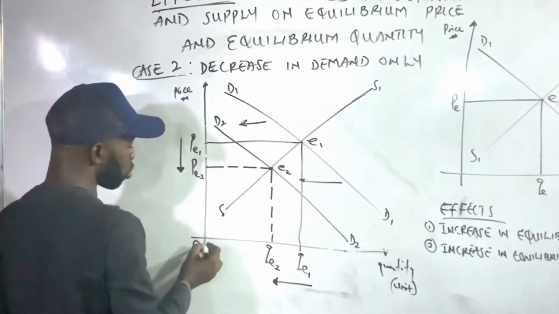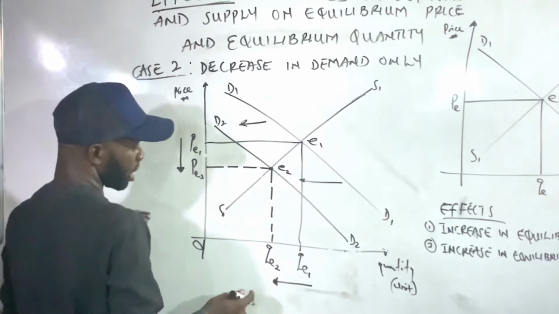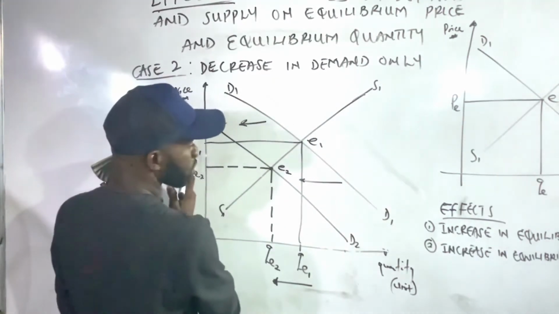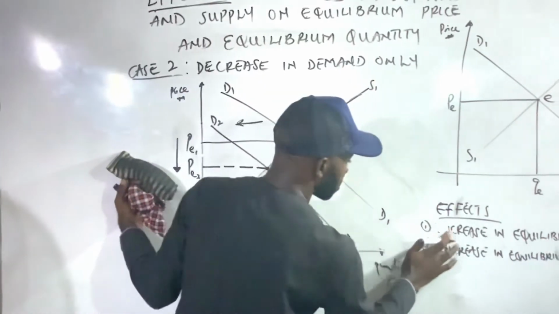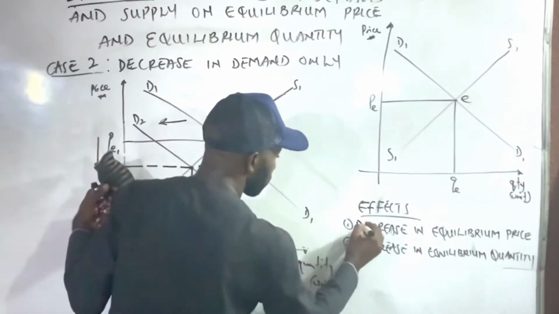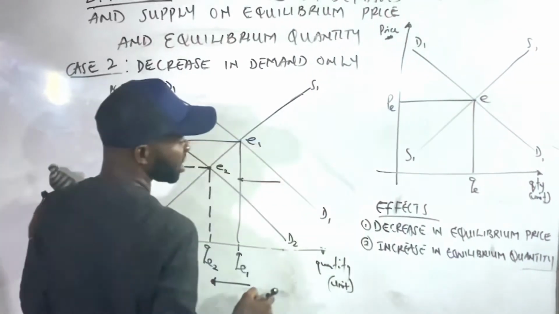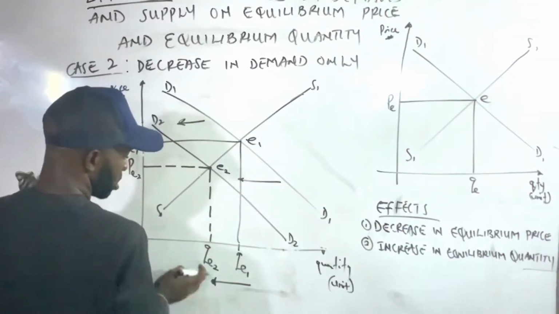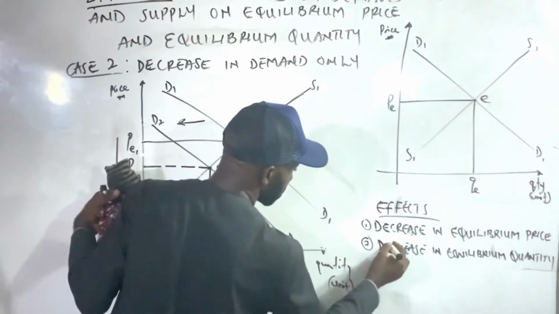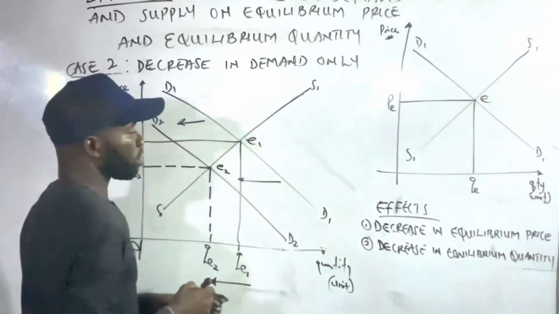We just need to go back to the effect and let this reflect. What's happening to equilibrium price? Decrease. So just a slight change in this. We have decrease in equilibrium price. What's happening to this? Also decrease. And then we'll go to decrease in equilibrium quantity.